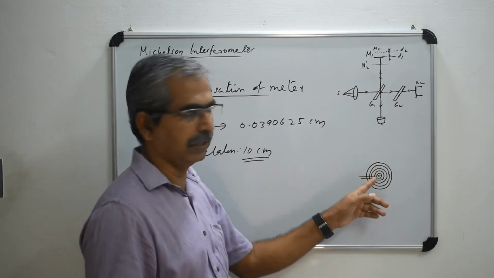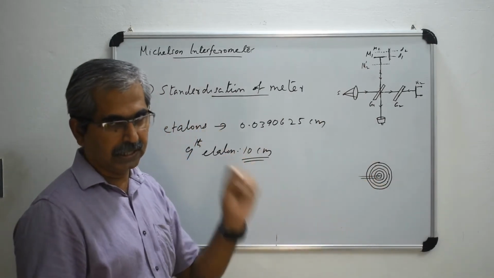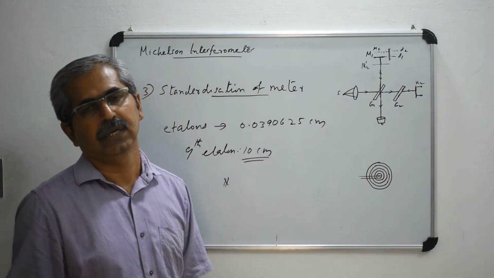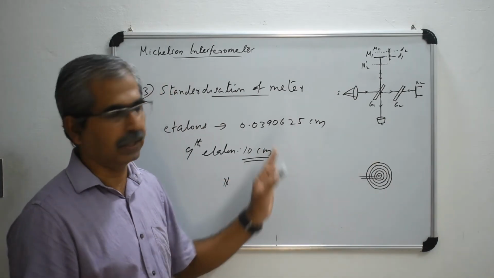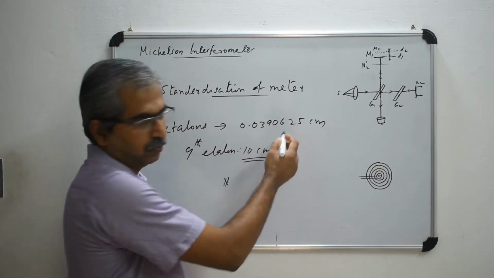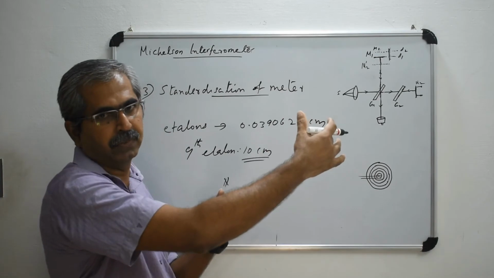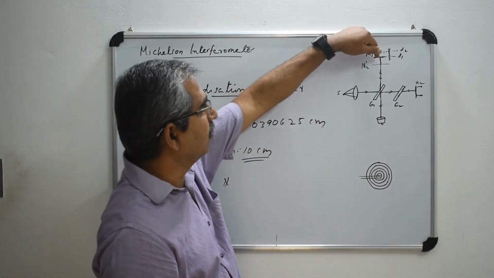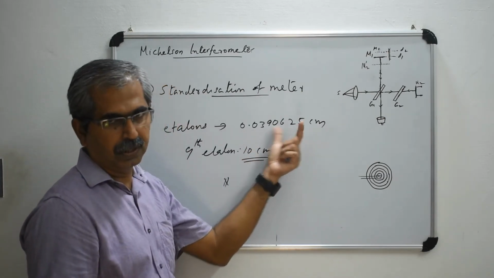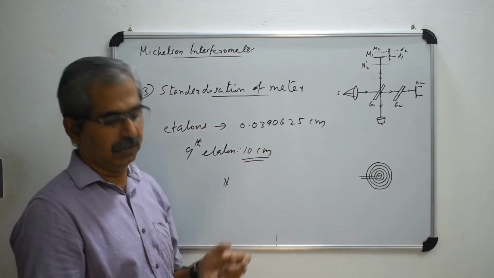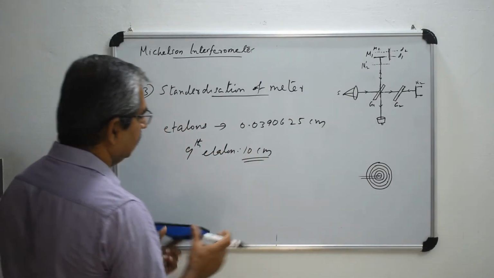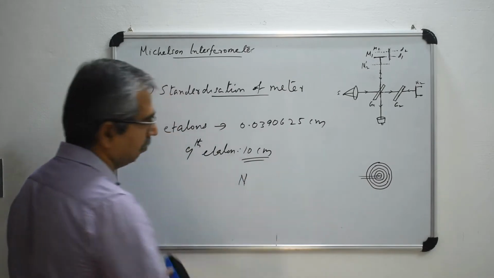As you move away, they appear at the center, and you can directly measure the number of fringes. Now you go to the second echelon, that is double this value. Again the mirror m1 is moved from the initial position by double this value. You can again count the exact number of fringes appearing, so that n can be measured.